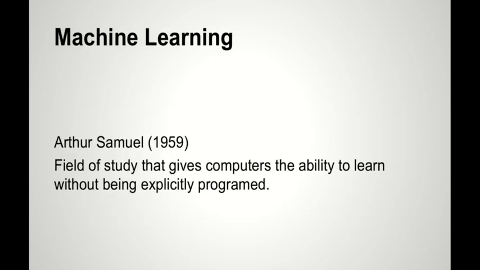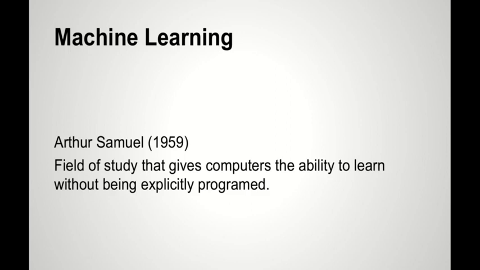Anomaly detection is a branch of the machine learning field. So let me define or talk a little bit about machine learning. Arthur Samuel in 1959 said that machine learning is the field of study that gives computers the ability to learn without being explicitly programmed.